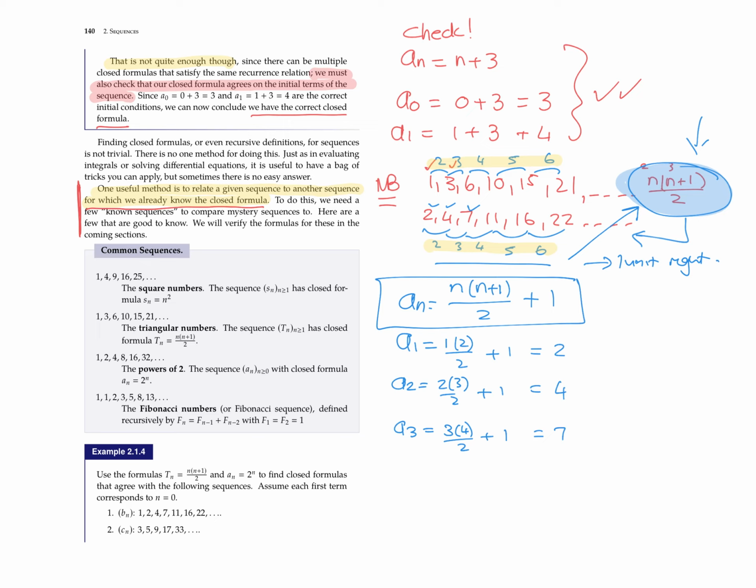Another one, if we can quickly, let's look at this. The square number sequence there. The square number sequence is always expressed as that. Okay, that's your general term. The sequence has a closed formula. I'm going to change color. An is equal to n squared.